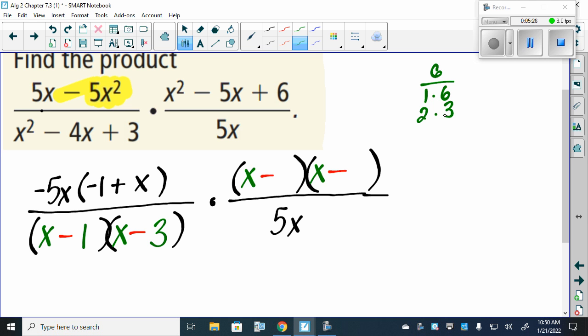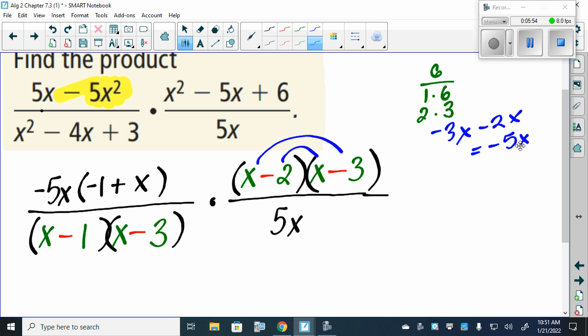Which one do we want to use? 2 and 3. Now we do have an x minus 1 on the bottom and an x minus 3, so either could work, but let's check to make sure that this one is the one we want. x times negative 3 would be negative 3x. Negative 2 times x is negative 2x. Negative 3x minus 2x is a negative 5x, which is exactly what we wanted.